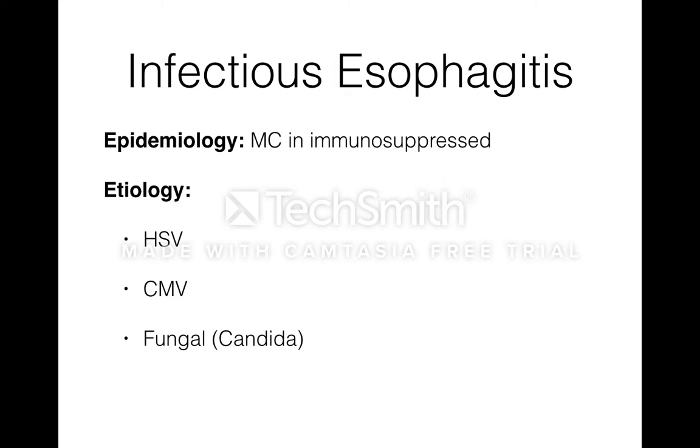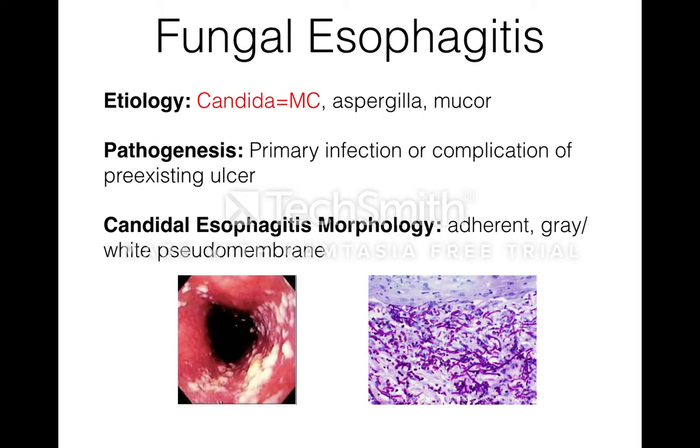In infectious esophagitis, this will typically occur in immunosuppressed patients from HSV or CMV. You can also have fungal esophagitis, which is typically due to Candida infection. Candida is the most common organism involved, but Aspergillus and Mucor species can also give you esophagitis.